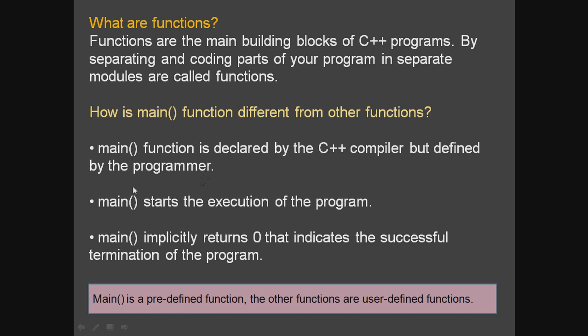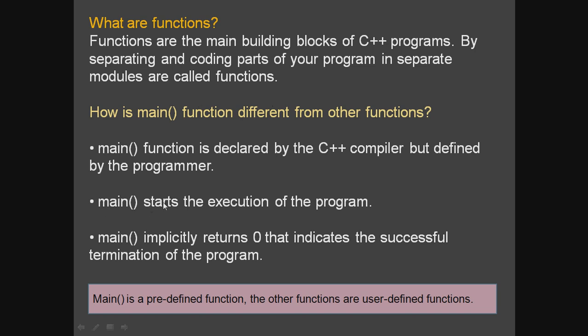The main function starts the execution of the program. The main function is responsible for execution of the program, and the main function implicitly returns 0, that indicates the successful termination of the program. Even if the program is split up into modules or small programs, and other functions are executed, it should always start with the main function.